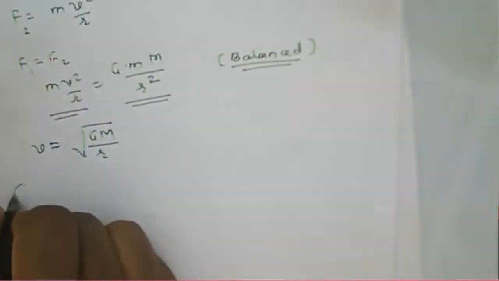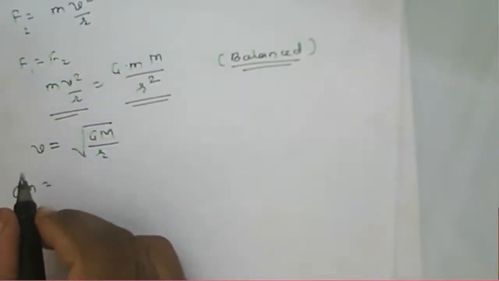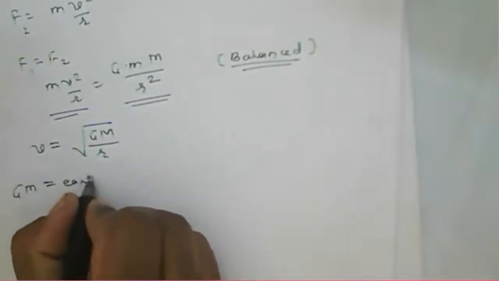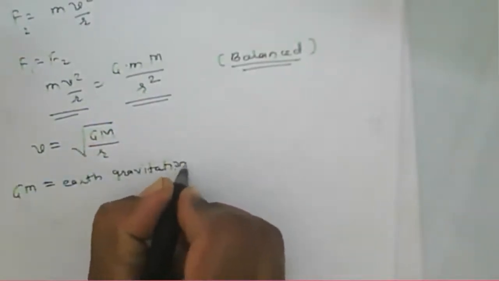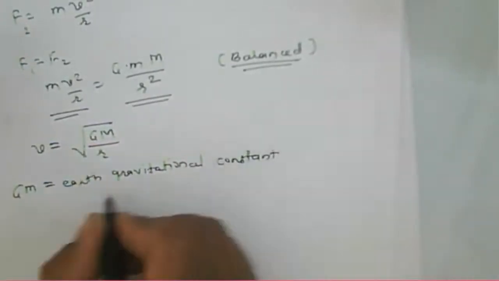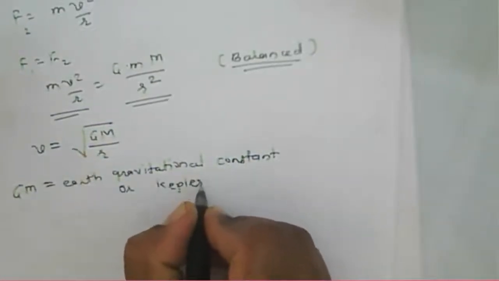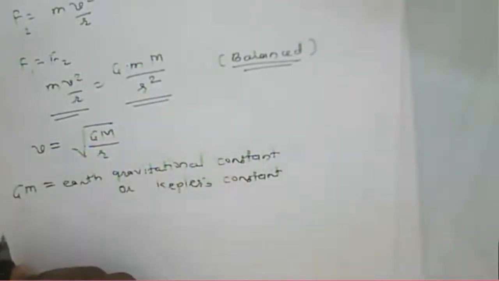And this product, GM, is the Earth gravitational constant, or we say it is Kepler's constant.